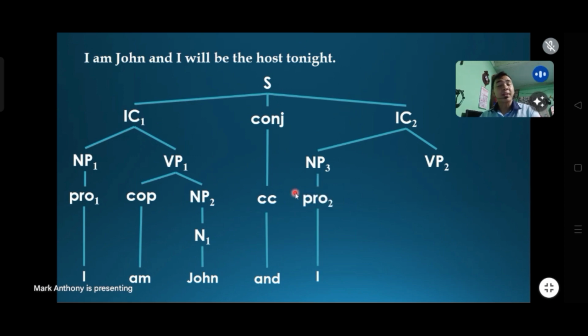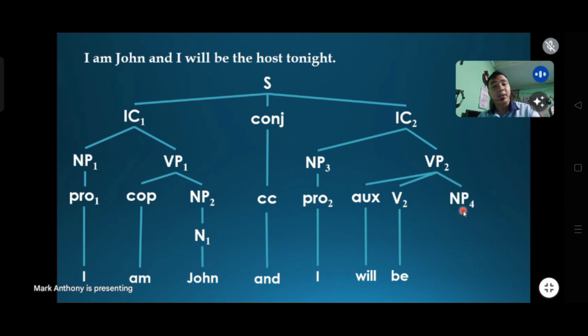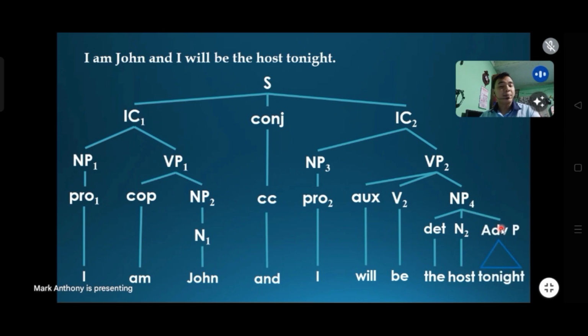Under the noun phrase is another pronoun. So again, we'll label it as pro, which means pronoun. Then in the verb phrase, we have the word will, followed by the verb itself, a be verb, which is be, followed by another noun phrase, the determiner and the noun itself, which is the host, and an adverb phrase, which is tonight.